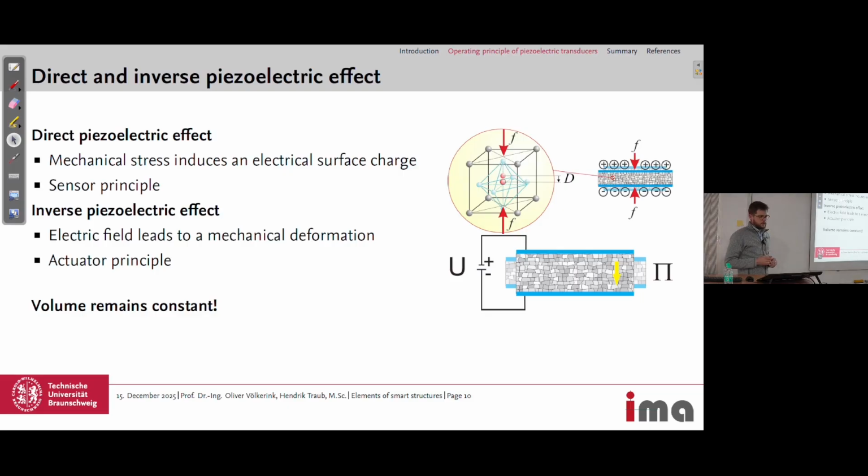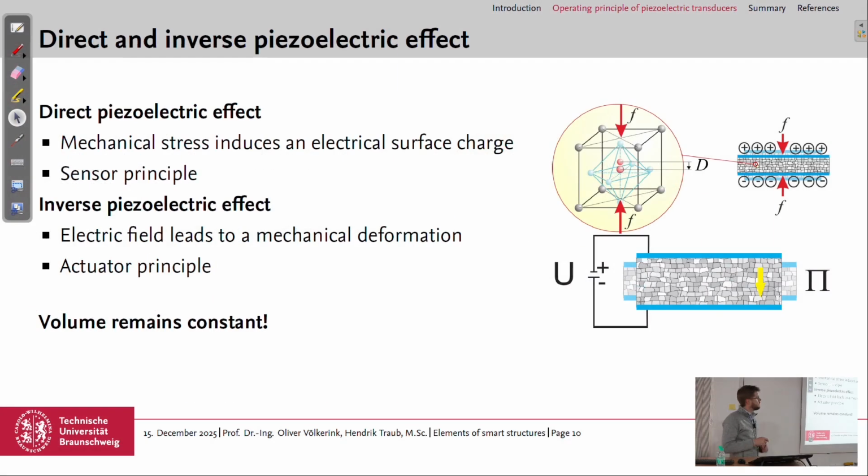So as mentioned, we have the direct piezoelectric effect, where mechanical stress induces an electrical surface charge. This is the sensor principle. So if you deform the piezoceramic, you have an electric charge which you can measure, and then you can use it as a sensor. And you have the inverse piezoelectric effect, where an electric field leads to a mechanical deformation.